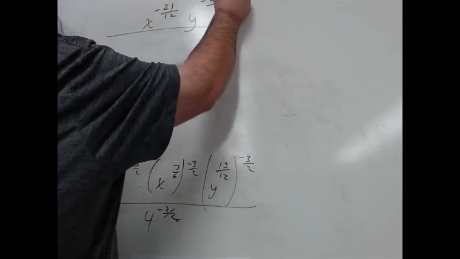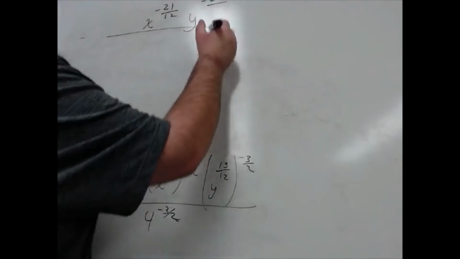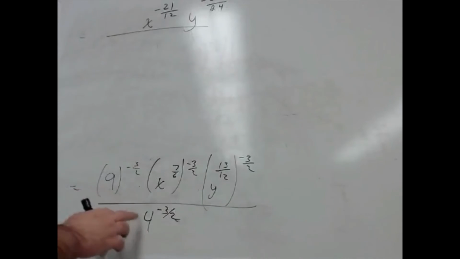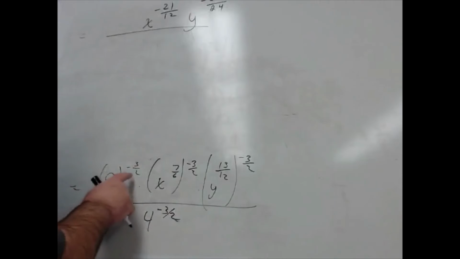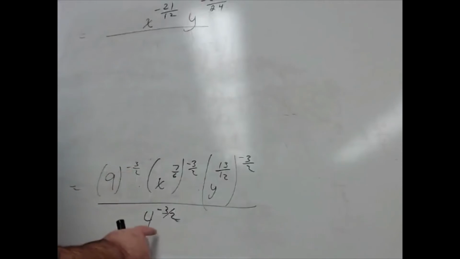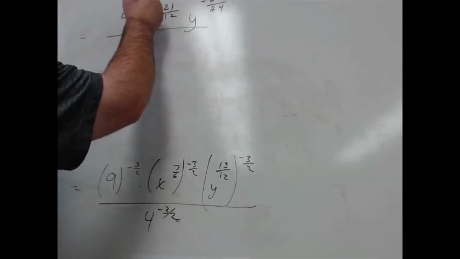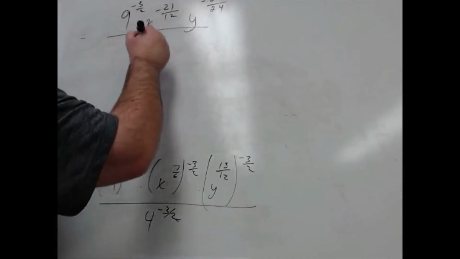And 12 times 2 is 24. Now these terms right here, 9 to the negative 3/2 and 4 to the negative 3/2, I'm actually going to leave them the way they are for now. Yeah, that's probably the easiest way to do it for now. And 4 to the negative 3/2.